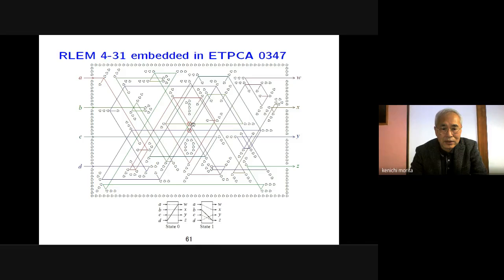But if it is in the upper circle, it is assumed to be the state 1. And by giving a glider signal from either A or B or C or D input ports, the operation of RLEM 431 is properly simulated.